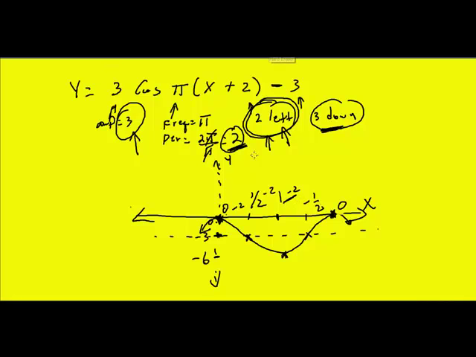So let's go ahead and erase that and call that one -1. And what's 1/2 minus 2, which is -3/2. So let's call that -3/2. And obviously 0 minus 2 is -2. So this is going to be -2.